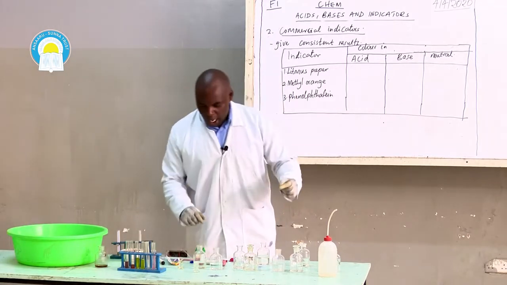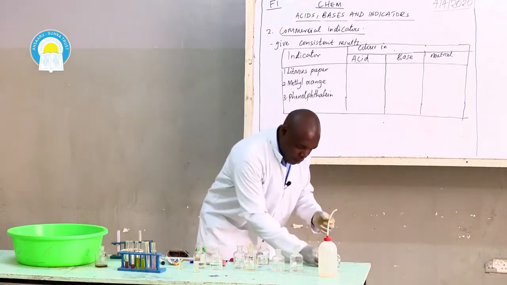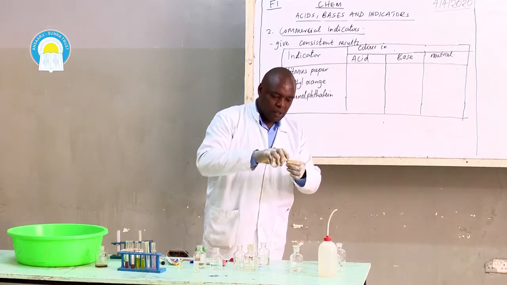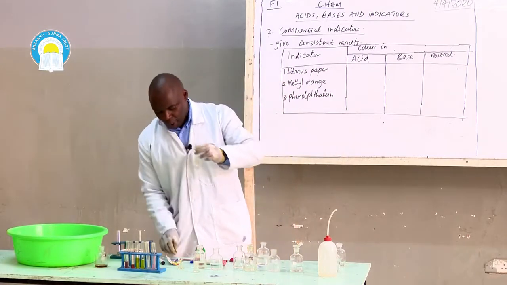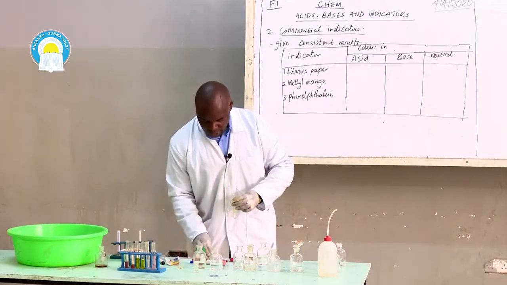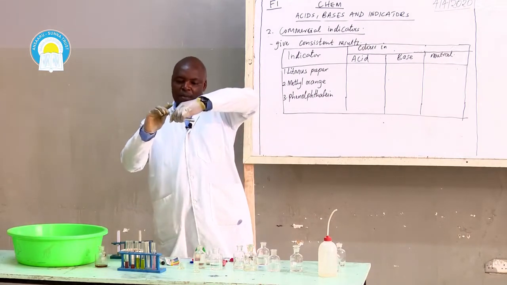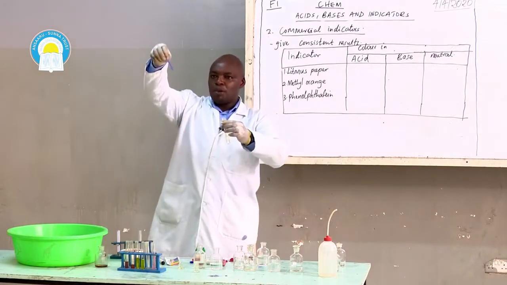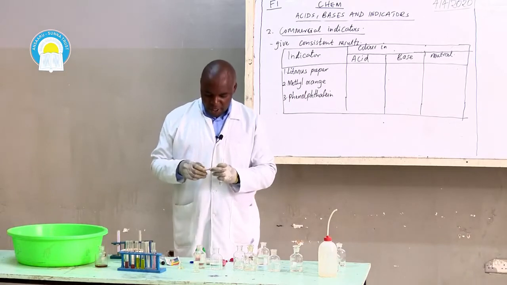Let's have a solution of a base. Let me use sodium hydroxide. Let me start with blue litmus paper. For sodium hydroxide, you can see that the blue litmus paper remains blue, while red litmus paper, let's see for red litmus paper.